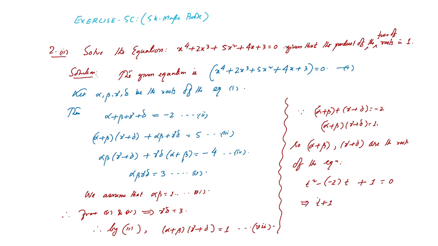That means t plus 1 whole square equals 0. So t equals minus 1 and minus 1. Therefore alpha plus beta equals minus 1 and gamma plus delta is also minus 1.